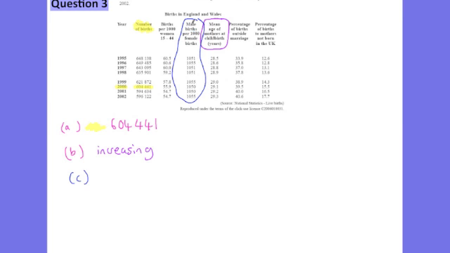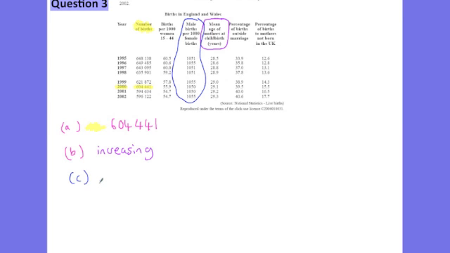So for every 1,000 female, there is 1,051 males. So here we can see there are always more than 1,000 male births for every 1,000 female. Here, all of the numbers are above 1,000. And this shows that more males than females are born.